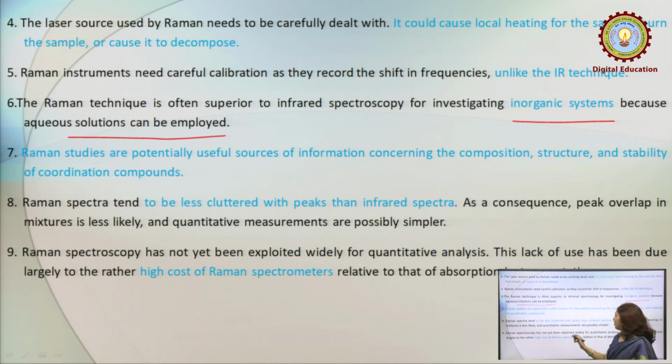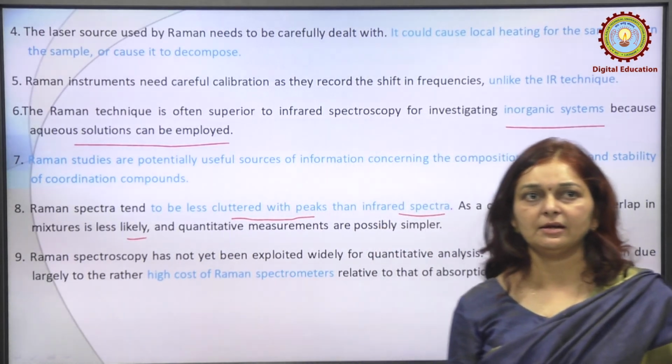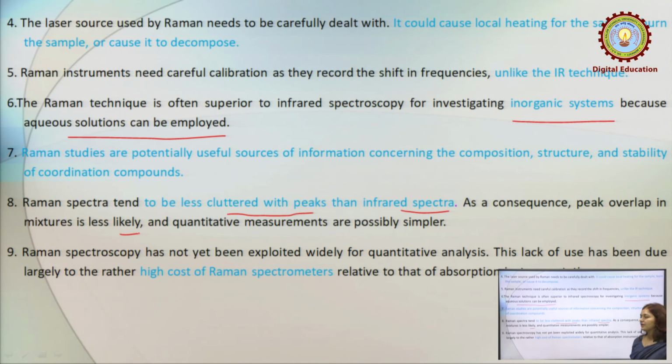The peaks obtained in Raman are less cluttered than in the IR spectrum, as a consequence of which peak overlapping in a mixture is much less. But Raman spectroscopy has not been exploited widely for quantitative analysis because of the high cost of the Raman spectrophotometer.